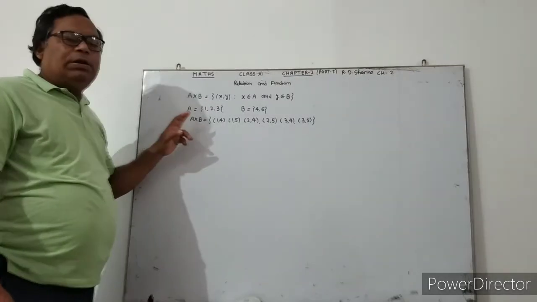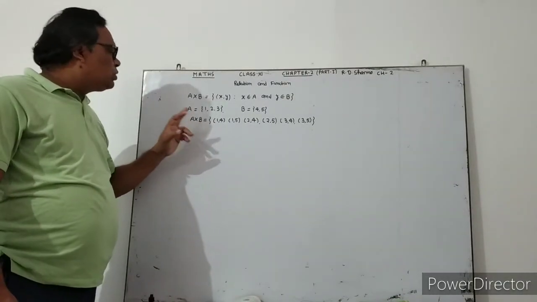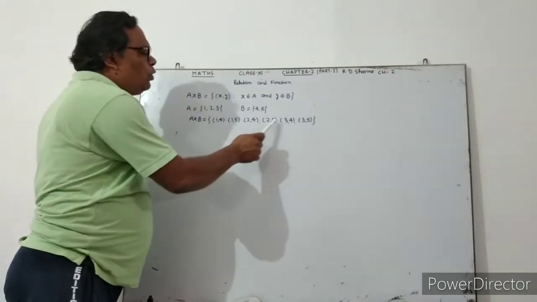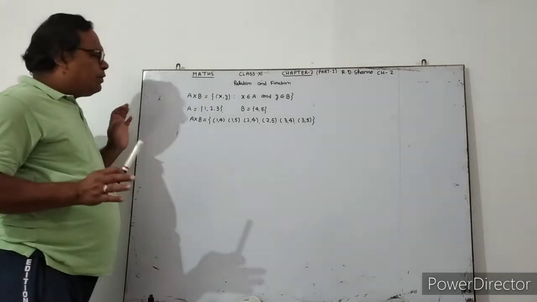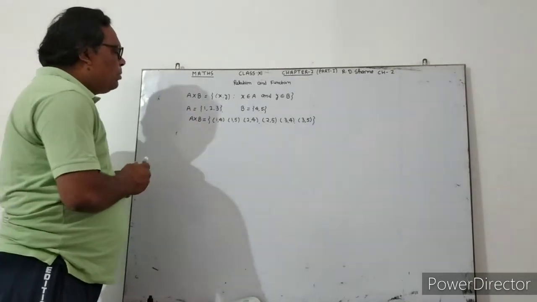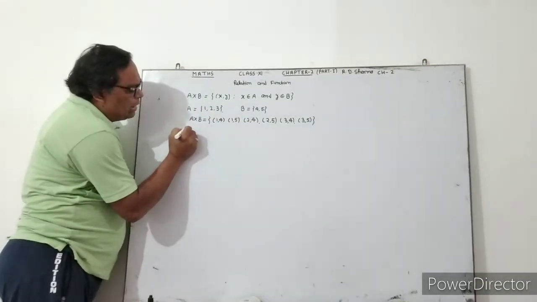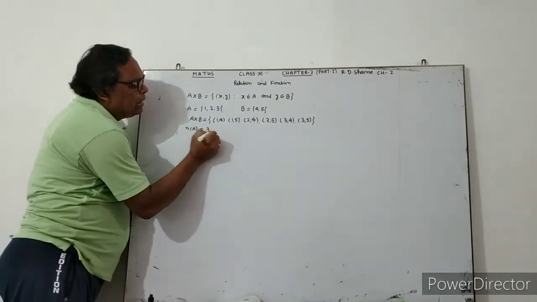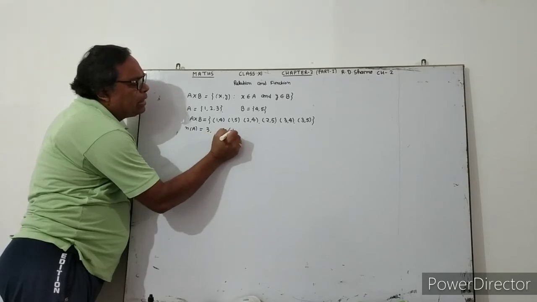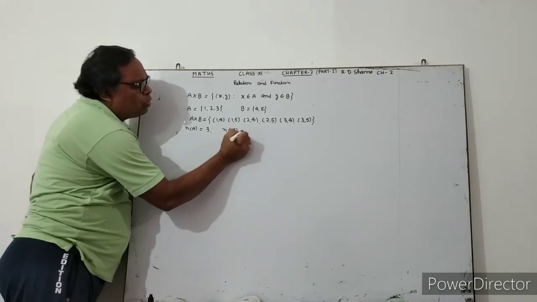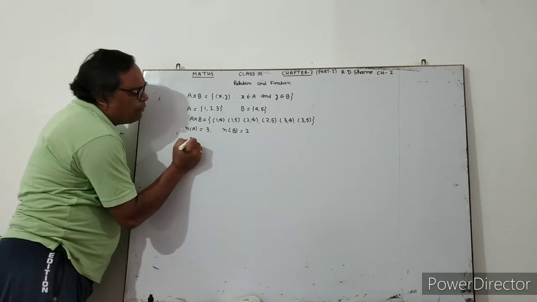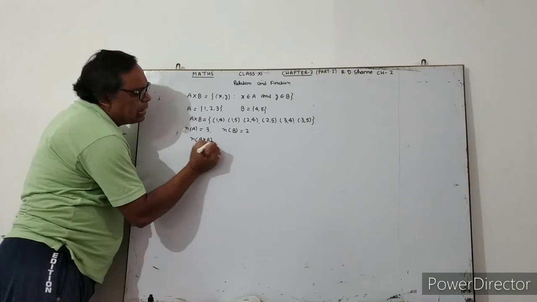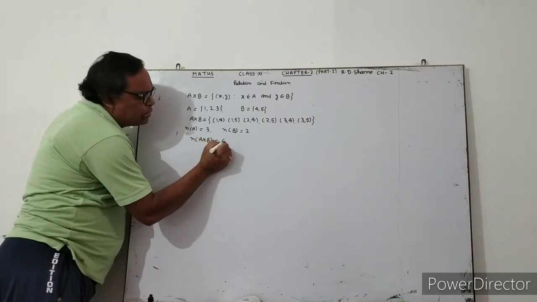Then the number of elements in A cross B is 3 into 2, which is 6: 1, 2, 3, 4, 5, 6. You see here, the number of elements in A is 3 and in B is 2, so the number of elements in A cross B is 3 into 2, 6.